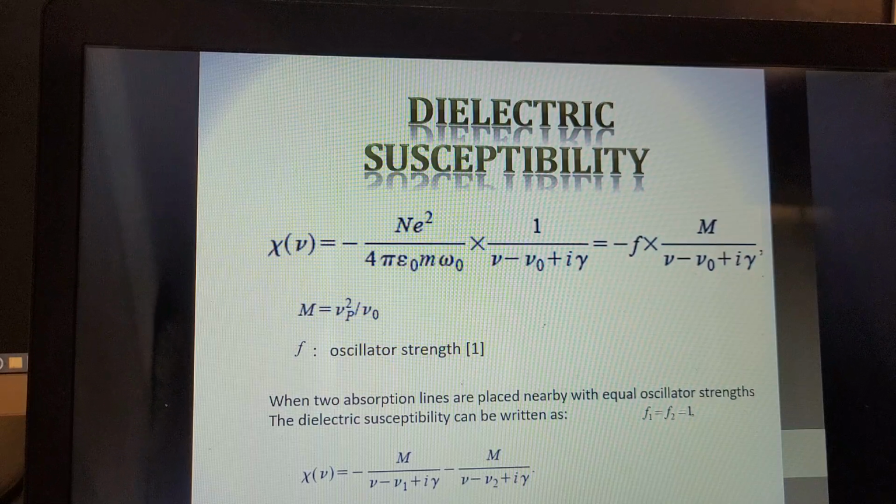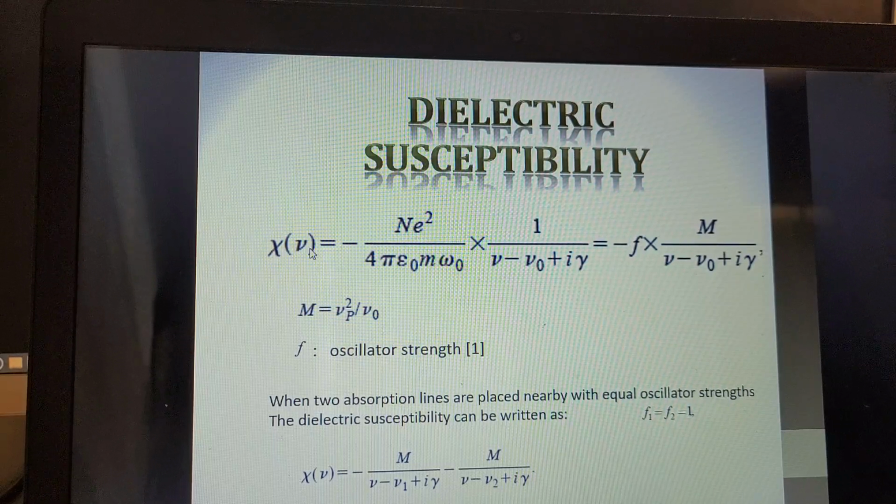And then we can define the dielectric susceptibility. What does dielectric susceptibility mean? We use chi, which depends on nu, on different frequencies. So you see that the medium depends on which frequency of light is propagating.